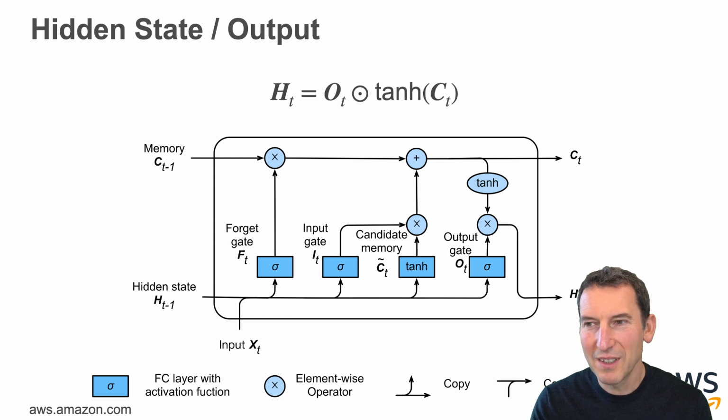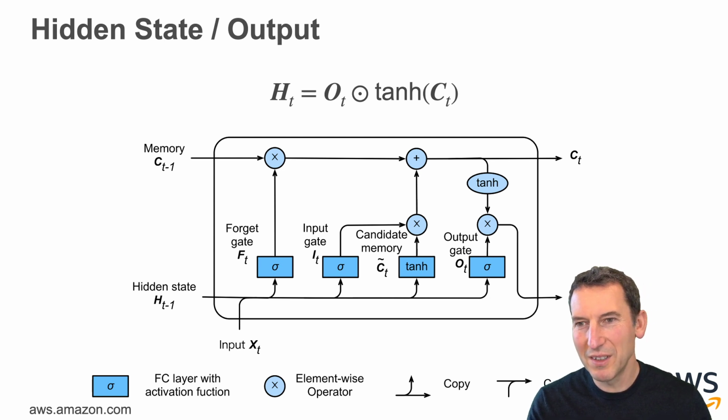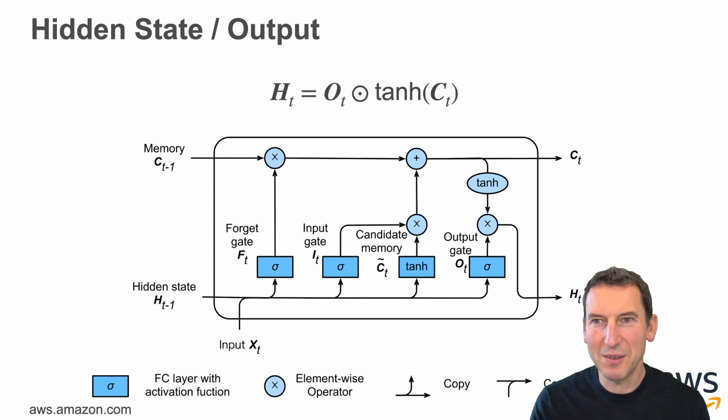So note, and this is quite different from before, while the memory state essentially doesn't get modified too much because I have just additions and multiplications, the hidden state itself is entirely newly computed after combining it with the input state through the output gate, then combining it with the memory state, and this gives me a new hidden state.